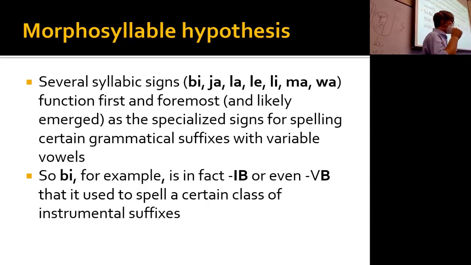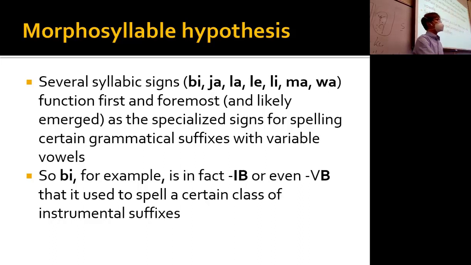The morphosyllabic hypothesis argues that some of these signs were invented to spell suffixes and function primarily as suffixes, which many epigraphers refuse to accept. But there's no question that what we have with many Maya characters, they used consistently to spell certain suffixes and occasionally prefixes, regardless of how those are pronounced with respect to the vowels.